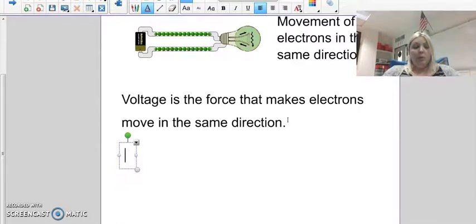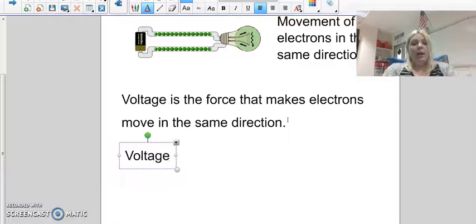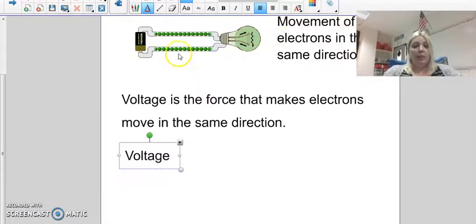So when we talk about voltage, it's not just the direction, it's also energy. And it turns out voltage is very specific about energy. Voltage is how much energy each little electron in my electron stream has.